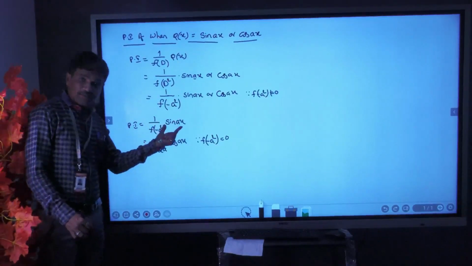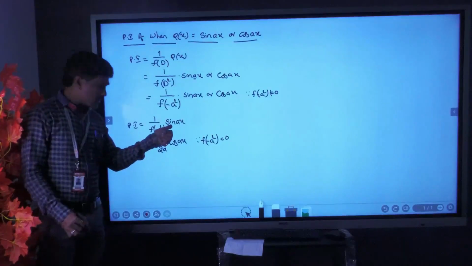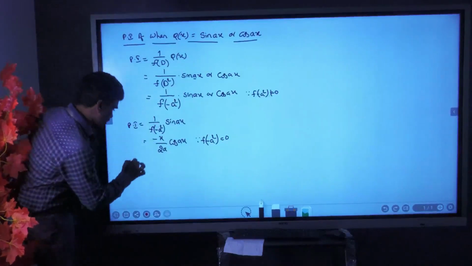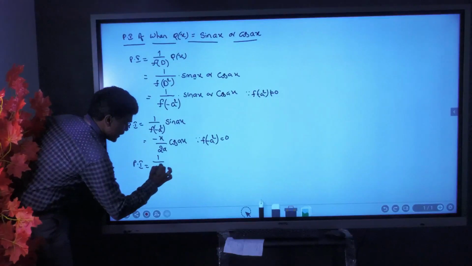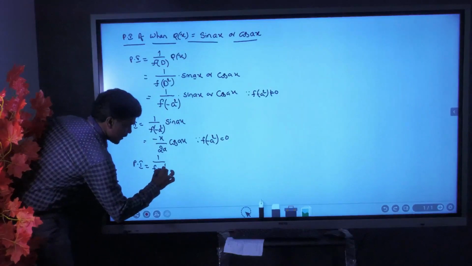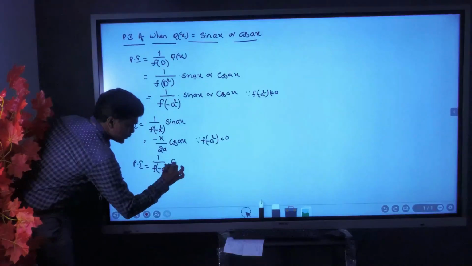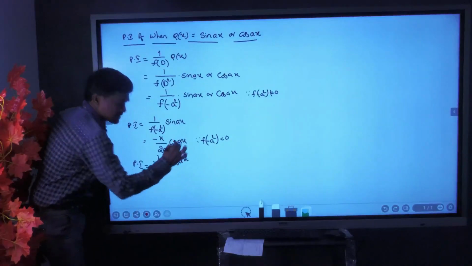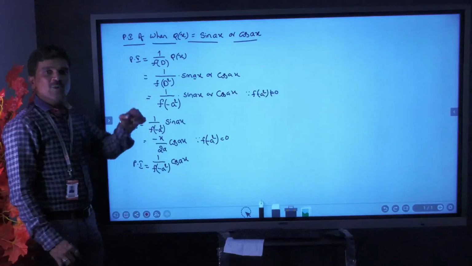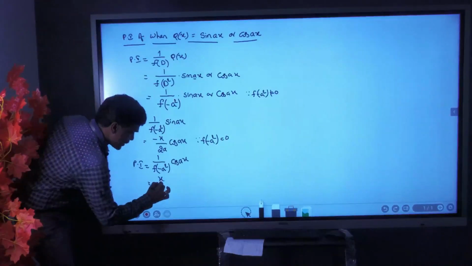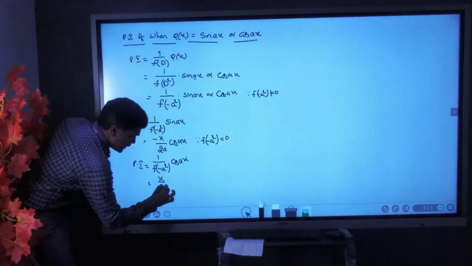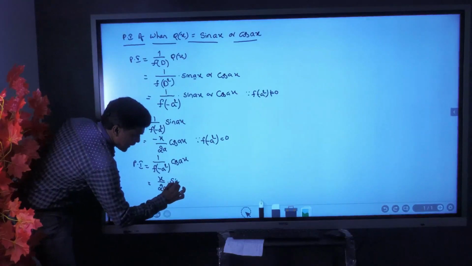Suppose in place of sin ax we write cos ax. Then what is the particular integration here? Now PI is 1 by f of minus a square into cos ax. In this case the particular integration is x by 2a into sin ax.